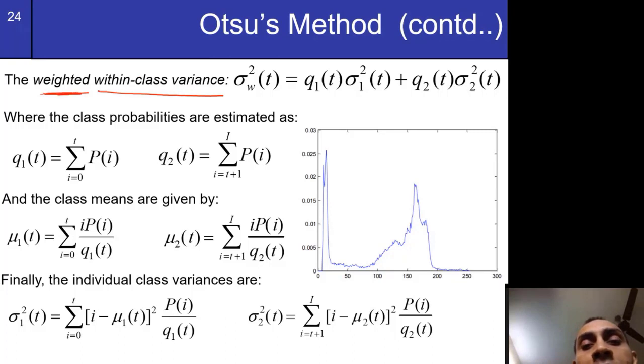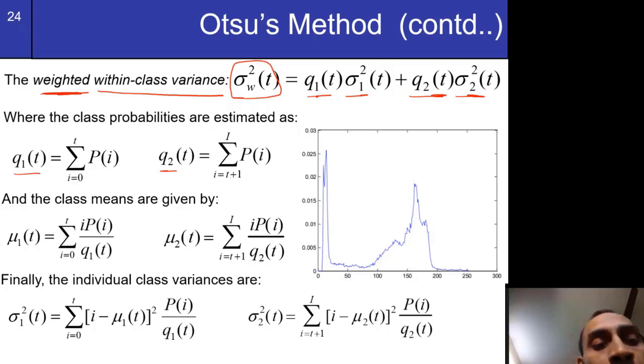For each class, you calculate its variance and weight it by its mass, basically the number of pixels belonging to that class, and sum both of them. Then you get this weighted within class variance. This is the sum of the two class variances weighted by the number of pixels belonging to each class.